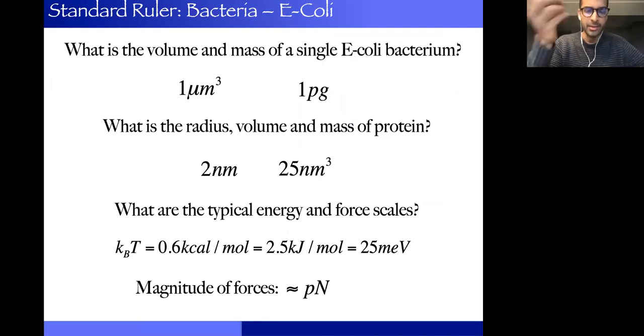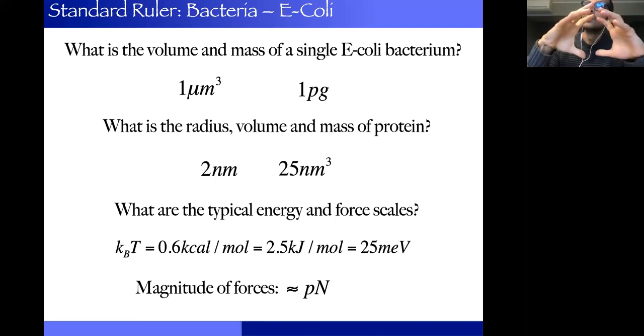Of course, one should think of these as typical numbers. There's going to be a spread of them, but the typical volumes and masses that you need to be thinking about for cells are on the order of micrometer and picogram. Okay, so pico is 10 to the minus 12 grams.